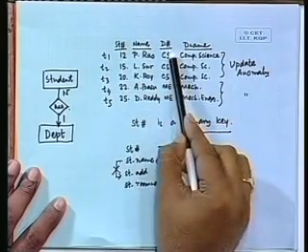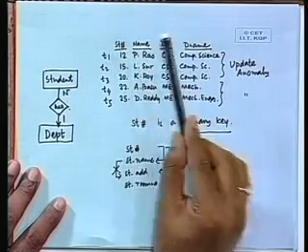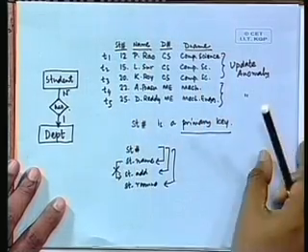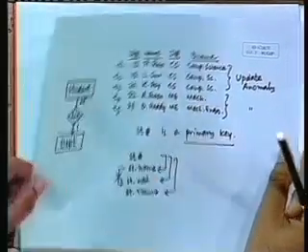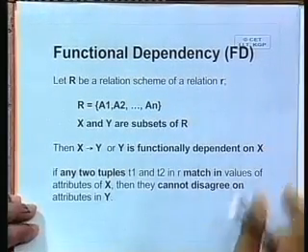So, department hash does not uniquely determine, or student hash is not functionally dependent on department hash. Okay. So, this is how you define what is known as functional dependency.